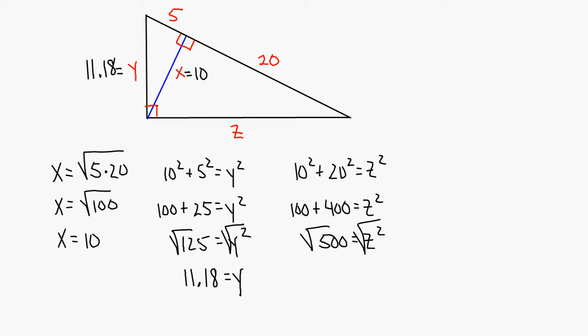And the square root of 500, 22.36, is equal to z. Any questions there?